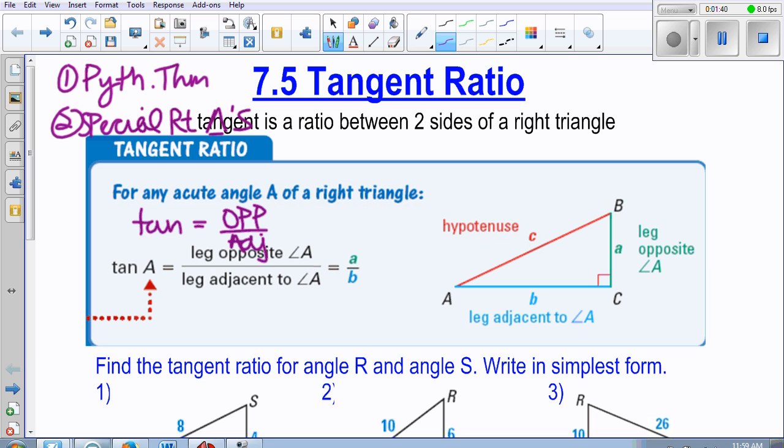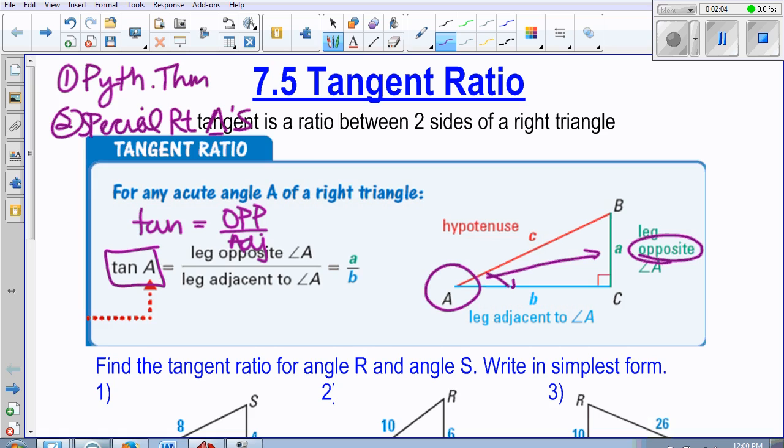Okay, so what you're going to do first is you're going to identify which angle you're trying to find tangent of. In this first case, you're trying to find tangent of angle A. So I usually circle the A, and then I label the sides based off of that angle. The side on the opposite side of the triangle is called the opposite side.